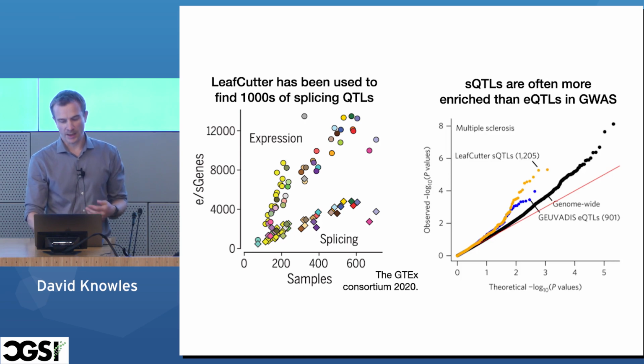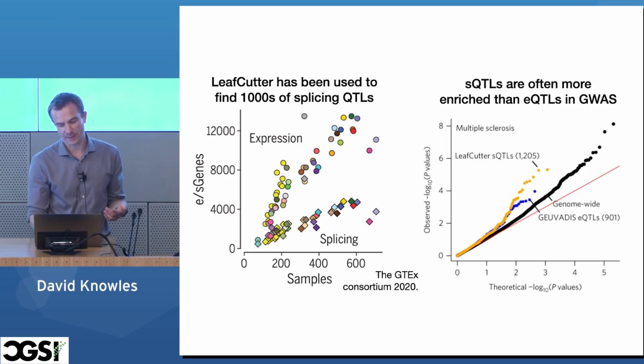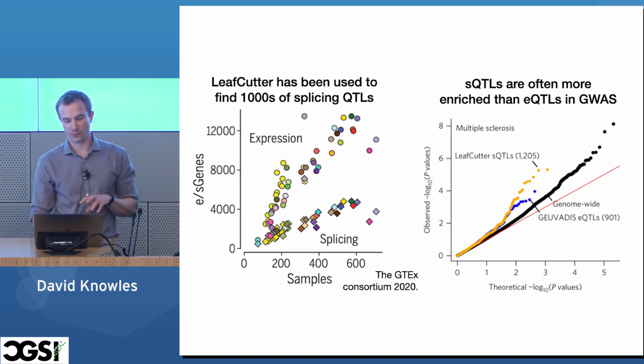And it's been seen repeatedly now, we've done these analyses as have others, that splicing QTLs are often just as enriched and sometimes more enriched in GWAS than eQTLs. And so it depends on which trait you're looking at, which way this goes, but the big picture is you want to think about splicing as well as expression when you try and understand what effects your GWAS variants are having.